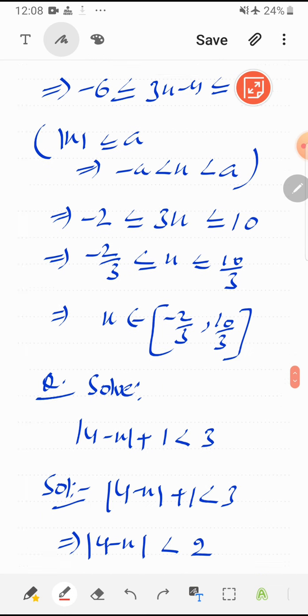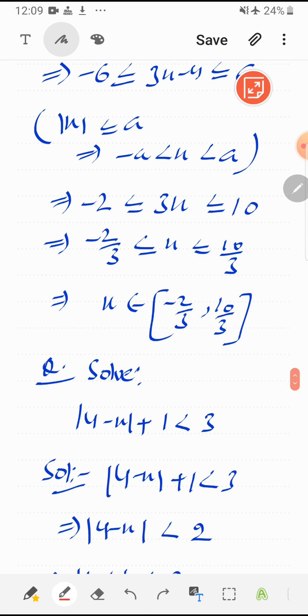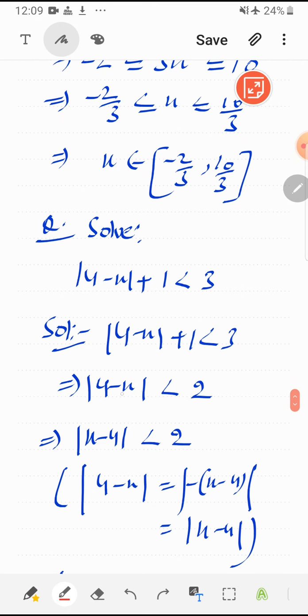Similarly, solve modulus of 4 minus x plus 1 less than 3. So here first of all shift 1 towards the right hand side, so mod of 4 minus x less than 2. Now this is important, I can write 4 minus x as x minus 4, because 4 minus x is minus of x minus 4, and due to modulus this negative sign can be ignored.